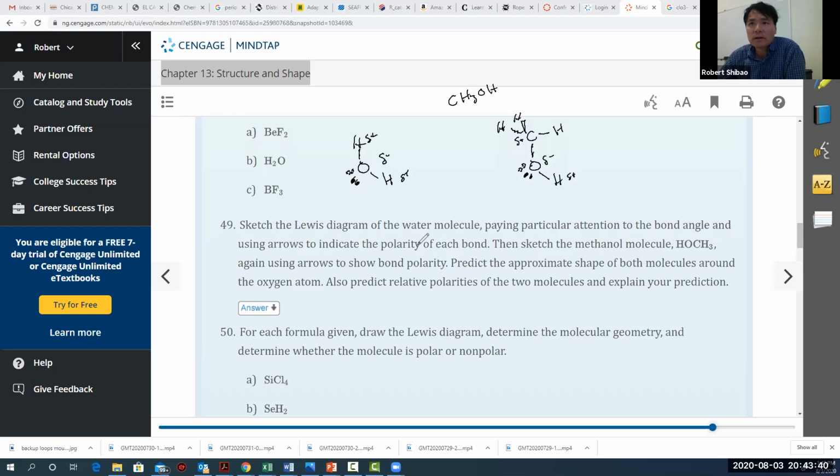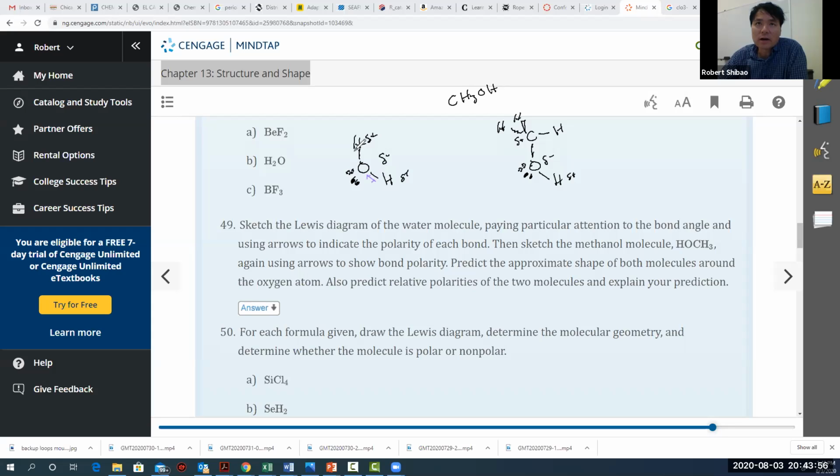And so in terms of polarity, both of these are polar molecules. Oxygen is more electronegative, so it sucks the electron density.